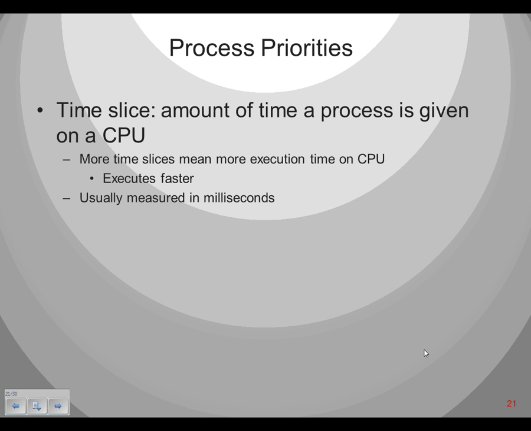Now, this is getting into real technical kinds of things, and on servers, you've really got to have a pretty good idea of how much time you want to allot for processes.